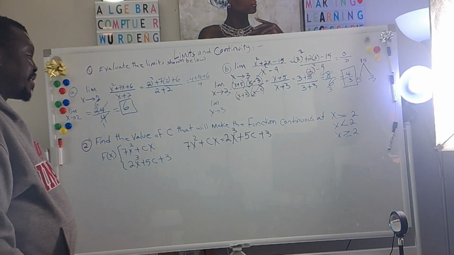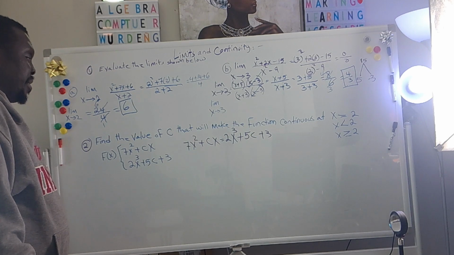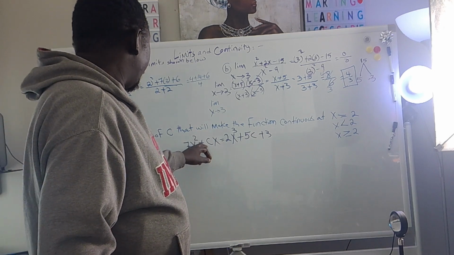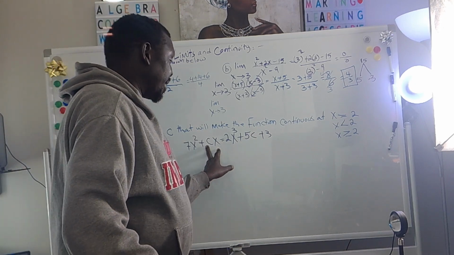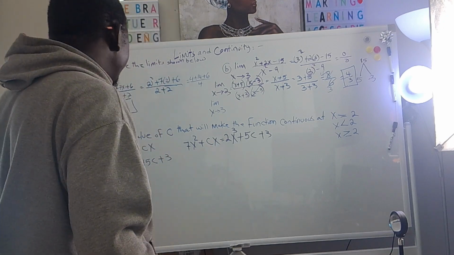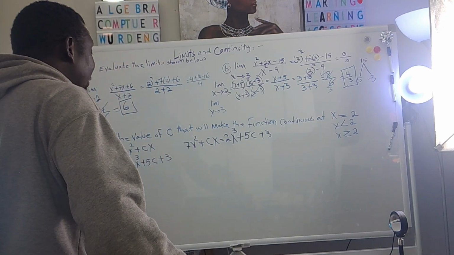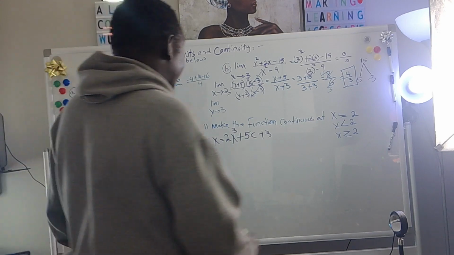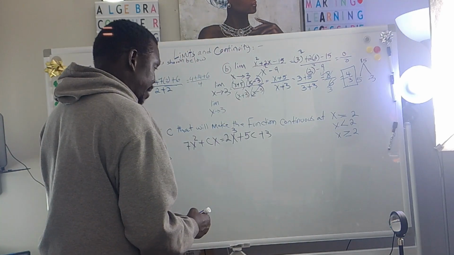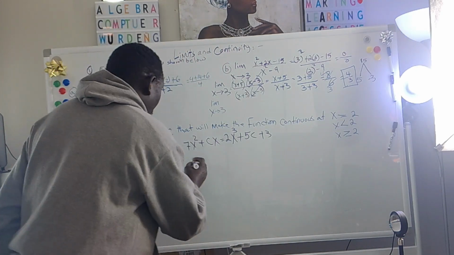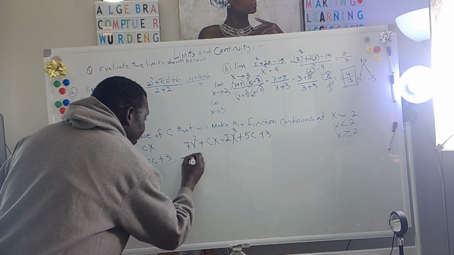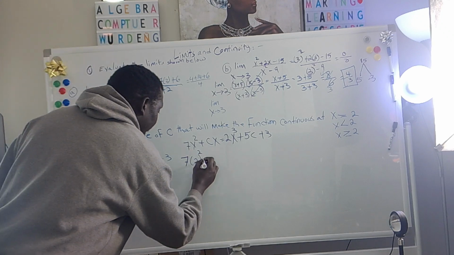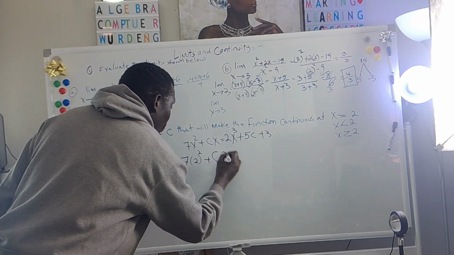They say just get the C. Okay, we need the C. I have two letters here, x and C, but it looks like x equals something. Now when x equals 2, let us plug in the number. This side will be 7 times 2 squared plus 2c.